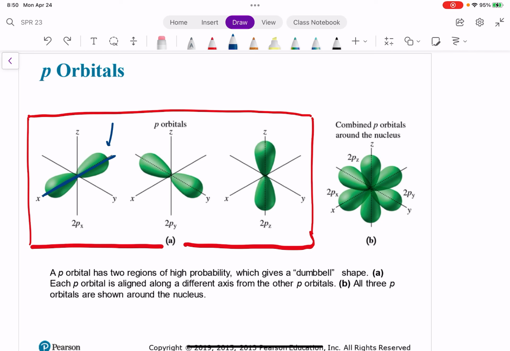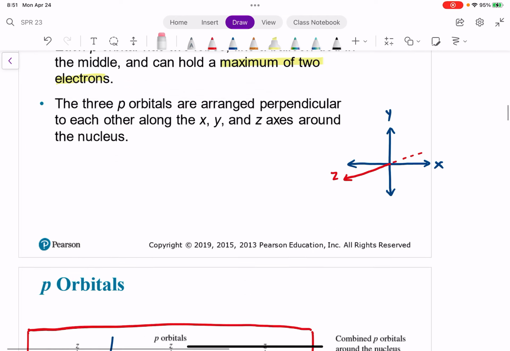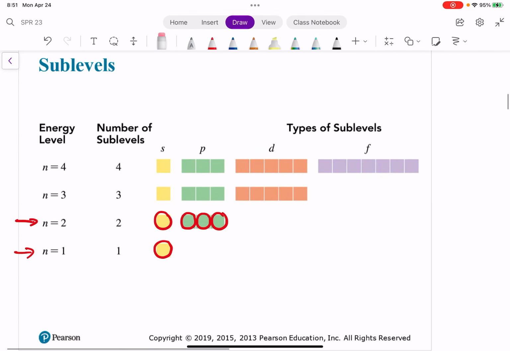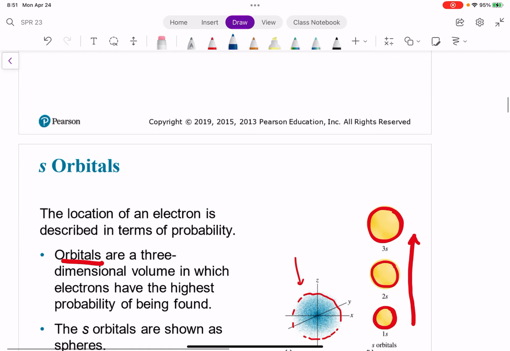So we call that a 2px. There's a 2 in front because we're in energy level 2. That's the lowest energy p orbitals. Remember, we don't have any p orbitals in the n equals 1 first energy level. We start having them in the second, and then the third has them as well, and the fourth, and so on.